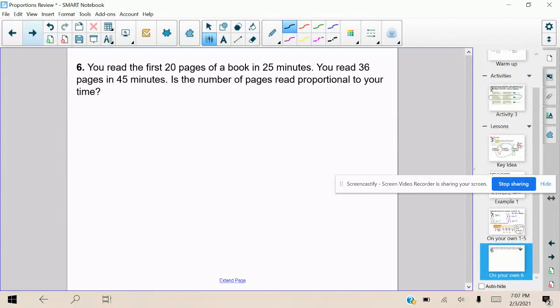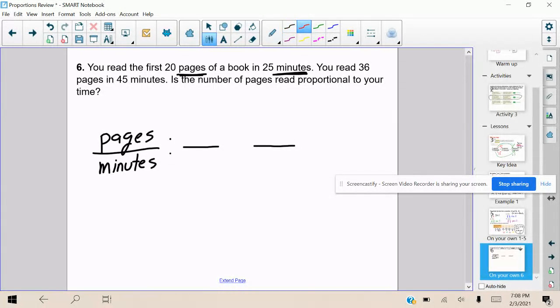So the first thing that I see is I have pages and I have minutes. So I'm going to create a fraction, a ratio, that compares the number of pages to the number of minutes. So my pages will be in the numerator. The number of minutes will be in the denominator.